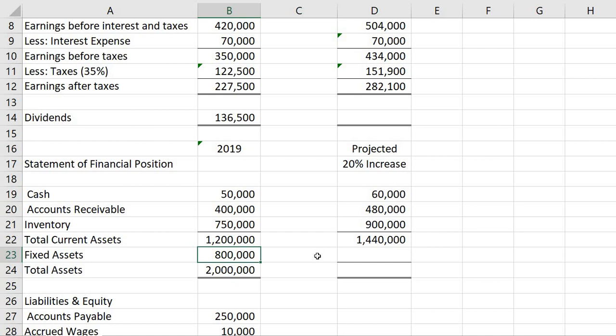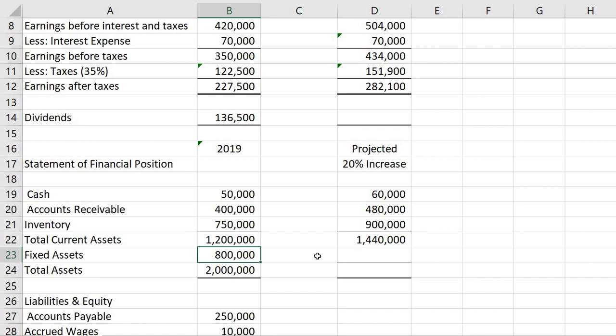If the company is not yet operating at full capacity, any increases in sales can still be accommodated with their current fixed assets. For example, currently they're operating below their normal or maximum capacity.